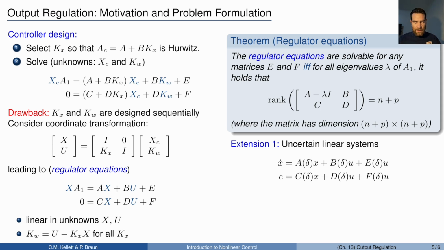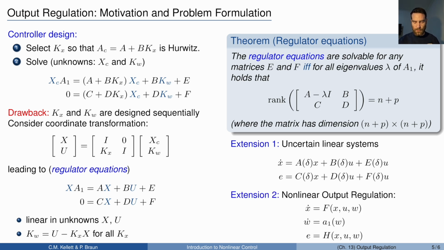This can also be extended to the setting of uncertain linear systems, meaning where the matrices A, B, E, C, D, and F depend on a parameter delta, and then corresponding results can be derived.